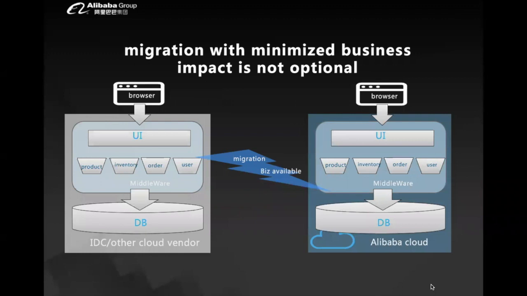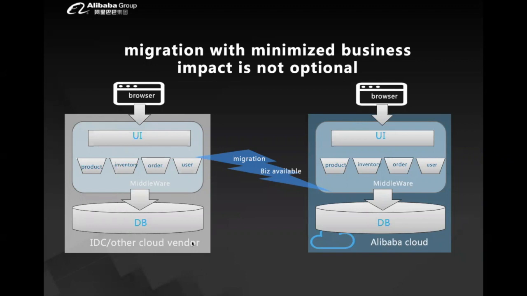So let's dive into this scenario. Essentially, this is the migration scenario. I've got some of my business logic: my product, services, inventory, orders, users, and applications pointing to a database that's either on-prem or available on another cloud. Now, I want to migrate my business to Alibaba Cloud, maybe taking two steps.